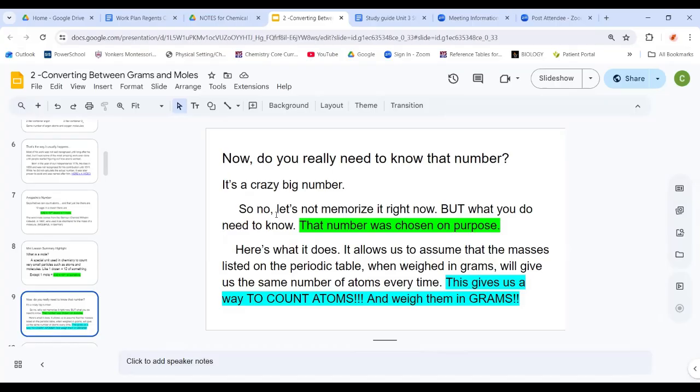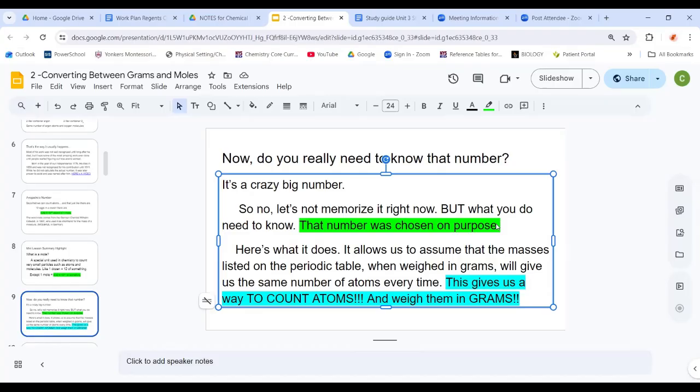That number, I really should rephrase this in the slideshow, is the number that we settled on because it allows us to create a very useful relationship.